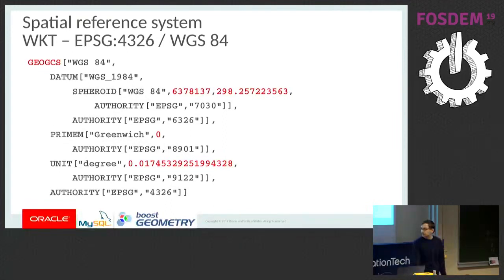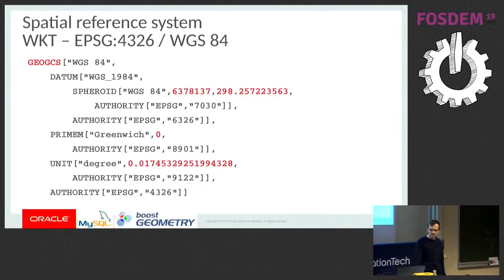And this particular one defines the standard WGS 84 coordinate system, so longitude and latitude on a spheroid in degrees. So basically, the data you are seeing, for instance, in some GPS tool returns the coordinates in this system.